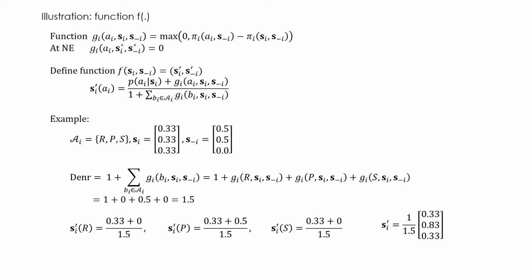In our little example earlier, agent 1 was i and agent 2 was negative i, and these were the strategies.